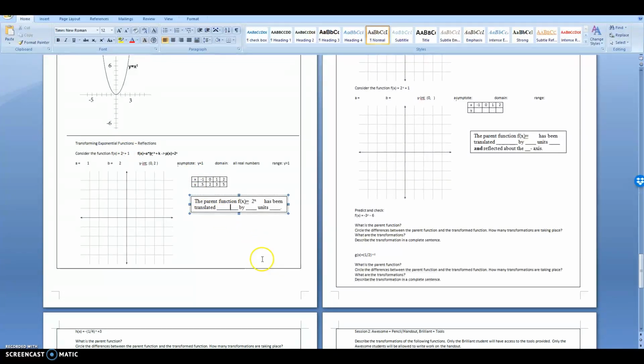So we know that it was translated vertically because it's K. And how many units? It's 1 unit. And which direction? Vertical can be up or down, right? Here we don't need the S.